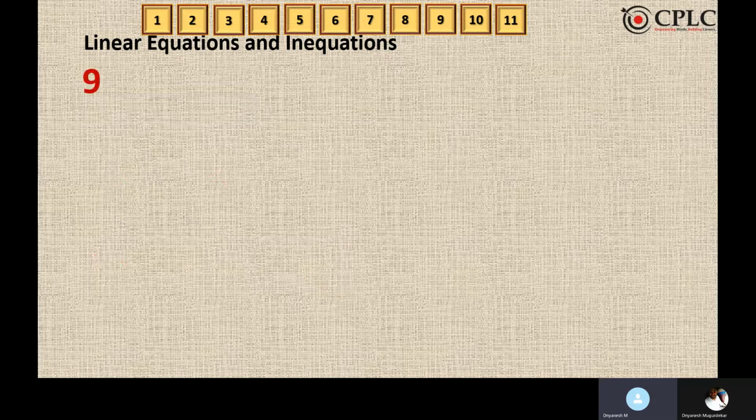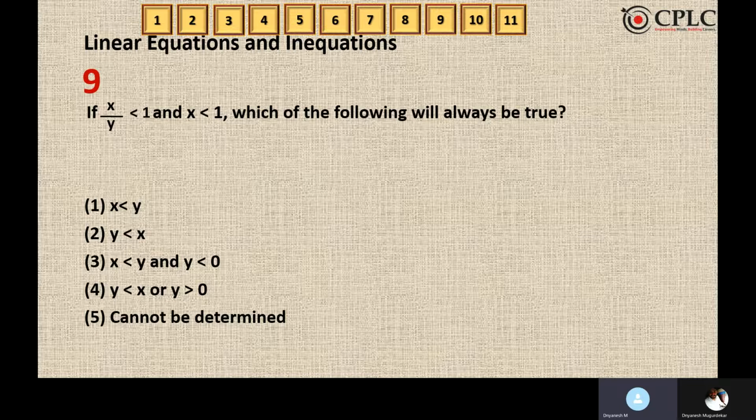Similarly is the second one, but slightly trickier in terms of understanding the data. Again, they are saying there is a fraction x upon y which is less than 1, and x is also less than 1, then which of the following will always be true? So what you understand from this is, again, there is a fraction which is less than 1.